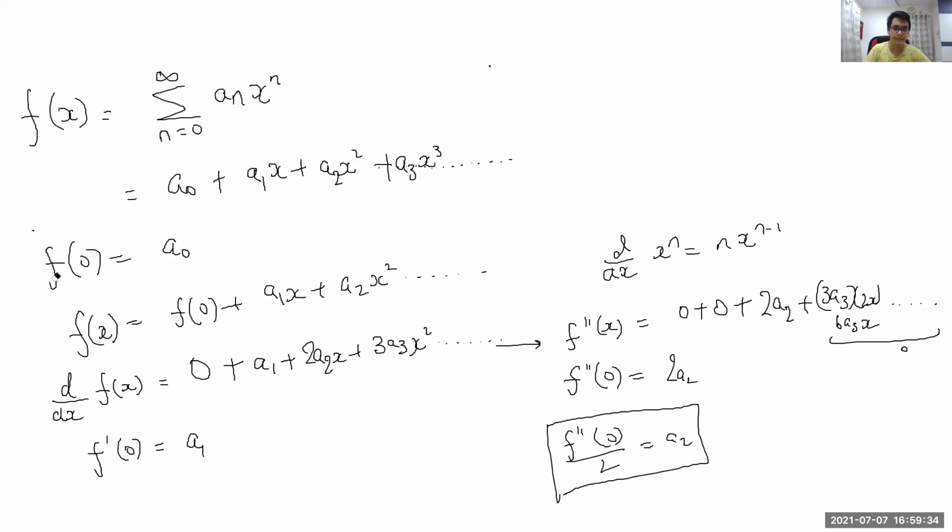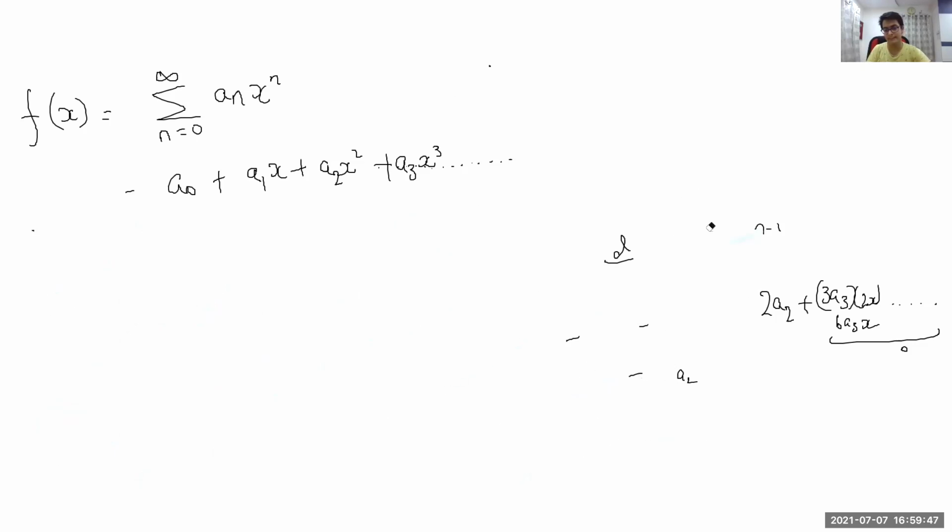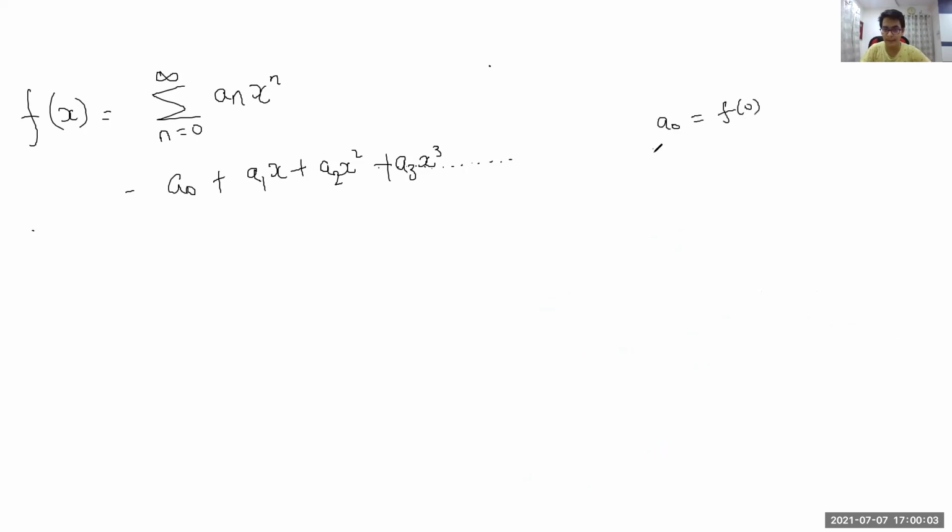So now we got this: a naught was just f of 0, and a1 was just f prime evaluated at 0, and a2 is f double prime evaluated at 0 divided by 2.